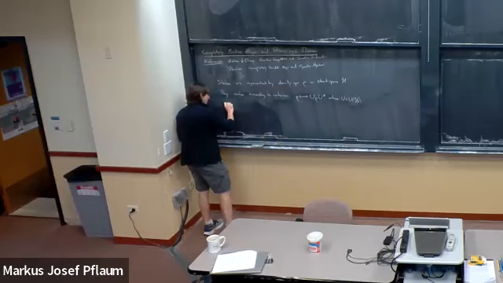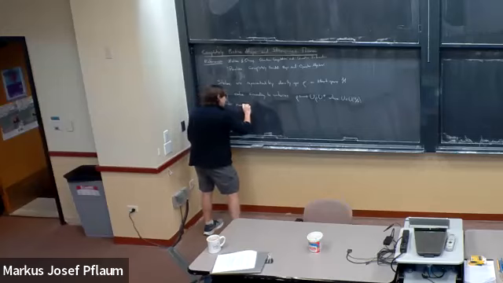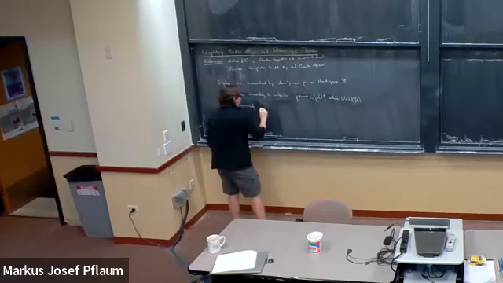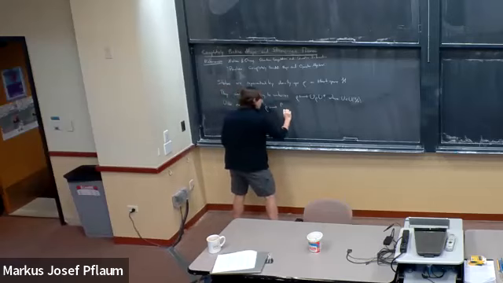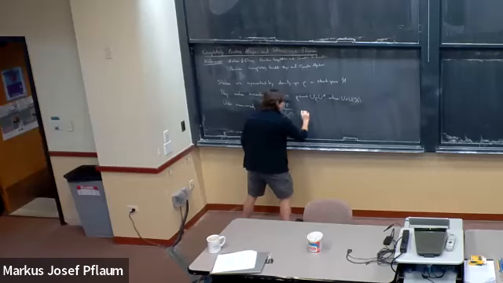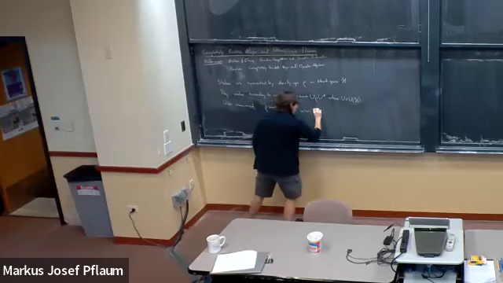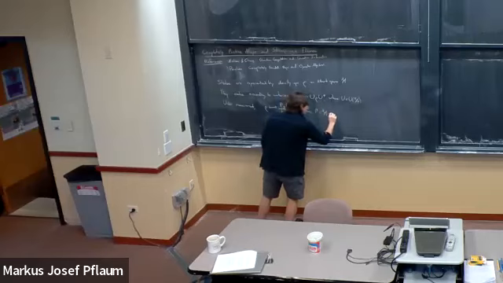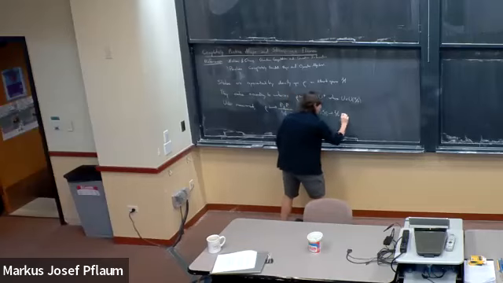Or under measurement, we would act with a projection. So rho would go to P rho P over the trace of rho P, where P is a projection.